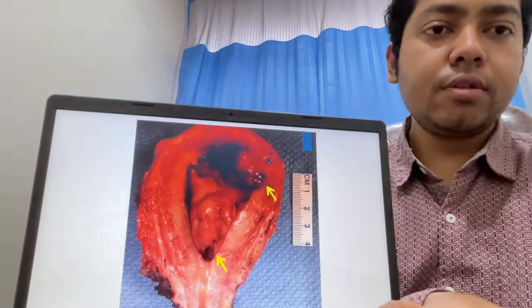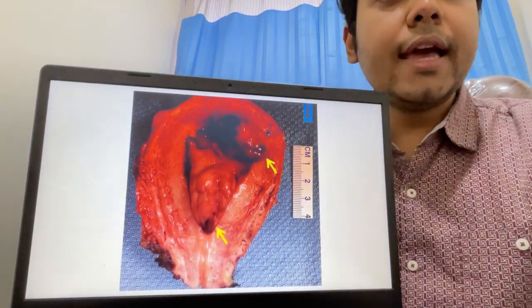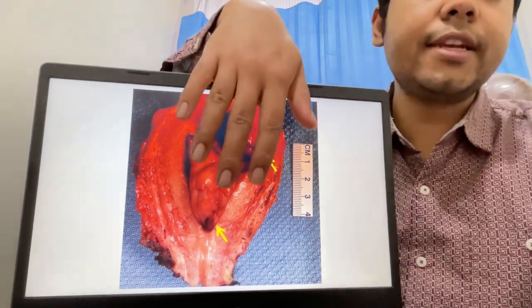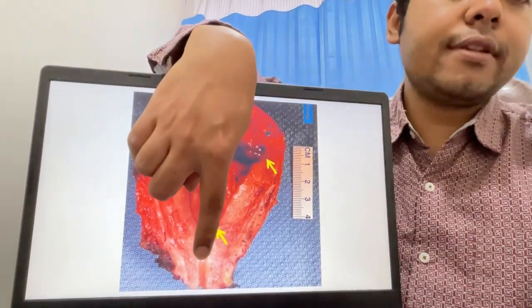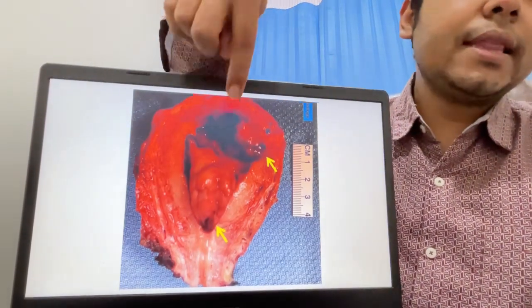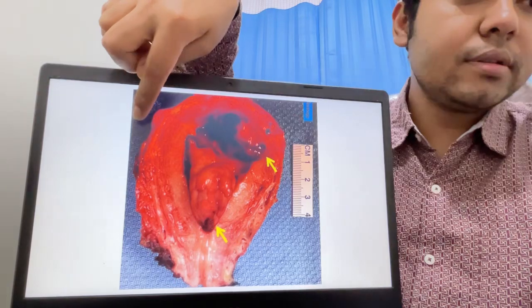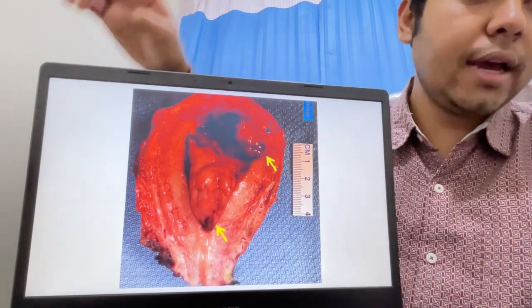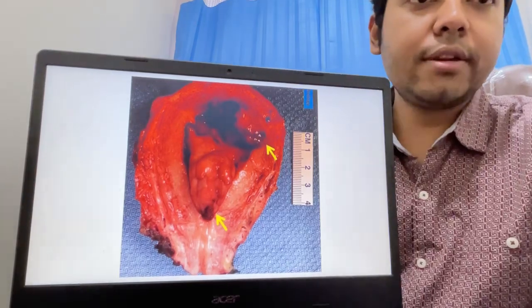Okay, so today we come to the next one. What is this specimen? You will tell this is a cut specimen of uterus along with cervix. Then bilateral tubes and ovaries are not there.